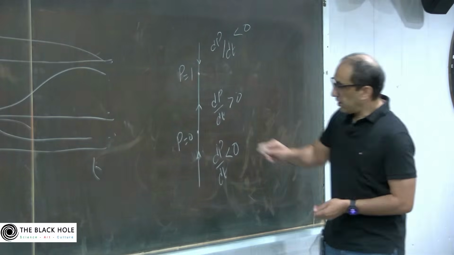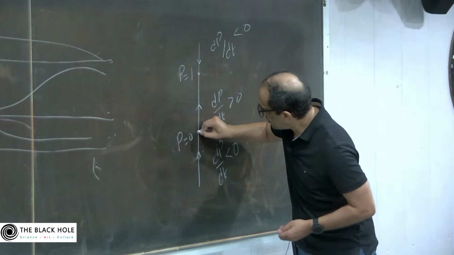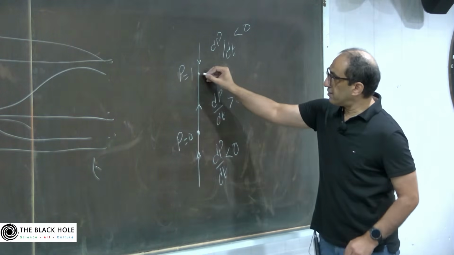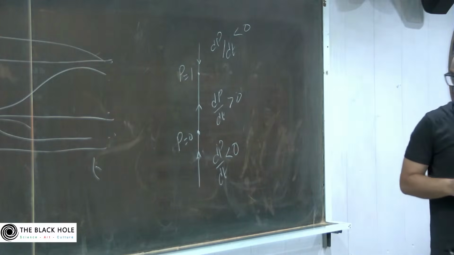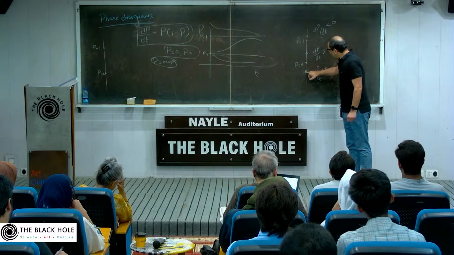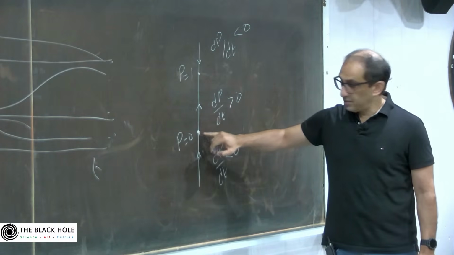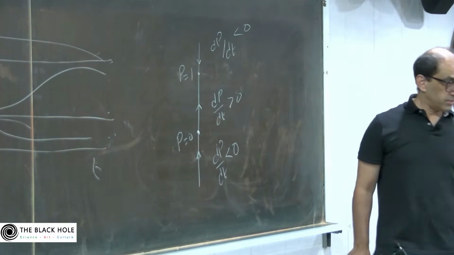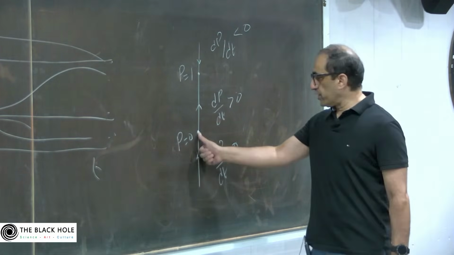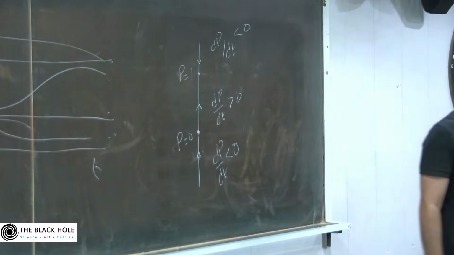So if you just look at this point, by the way, these are both equilibrium points. If I just focus on this particular point, then this thing is going inside and this thing is going away from it. Yeah? So something is going towards it, the other thing is going away from it.